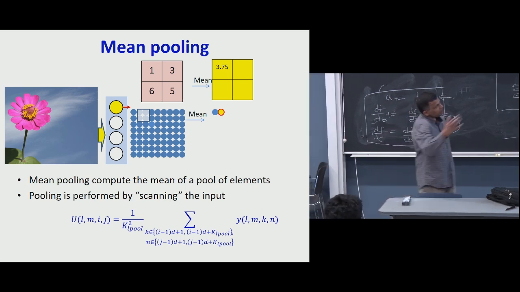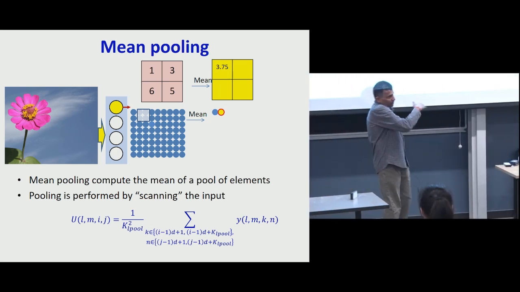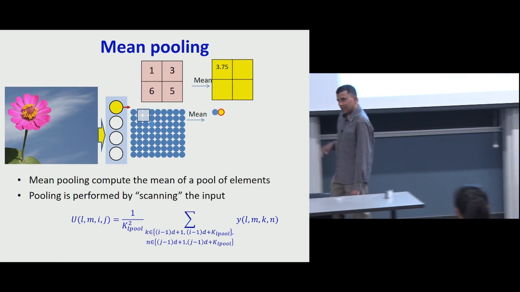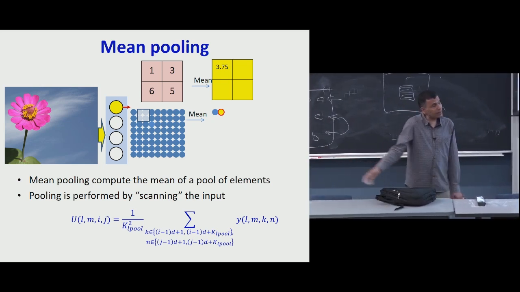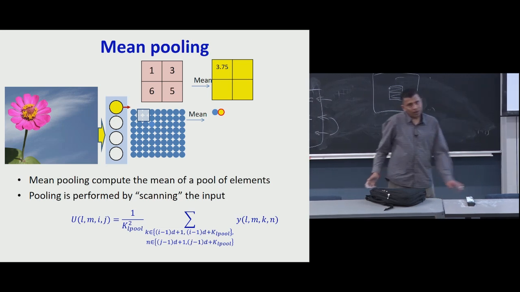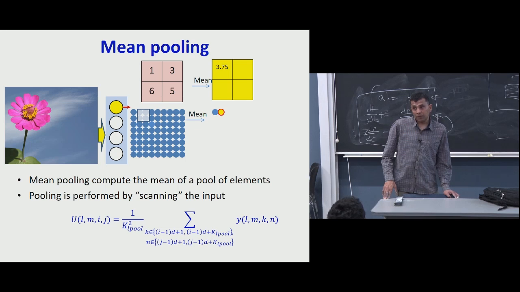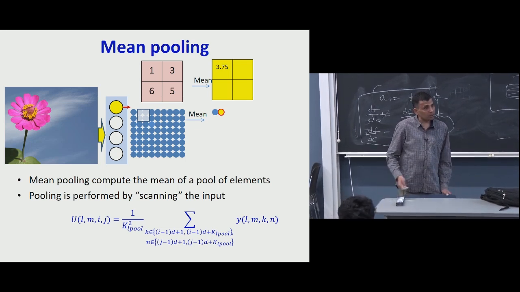So now when I get a derivative backwards, it's going to be 1 over k squared because you have k height and k width. And you're summing all of these guys. When I compute the derivative backwards, I get a derivative all the way to u. How does that derivative at u get transferred to the block of elements that were considered for the mean? It just gets uniformly distributed across all 4.